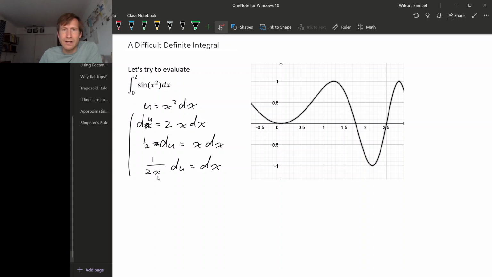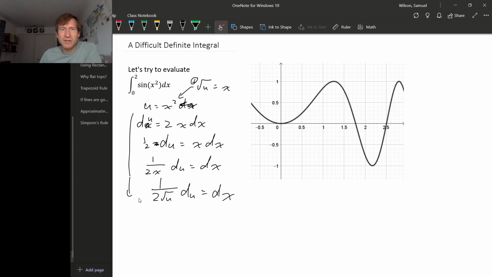And x, from our first substitution equation, is really the square root of u. We have to be careful because of the plus or minus here, but for these x values, x is always positive, so we always choose the positive square root. So we could replace this x with the square root of u, and that would give us 1 over 2 square root u du equals dx.